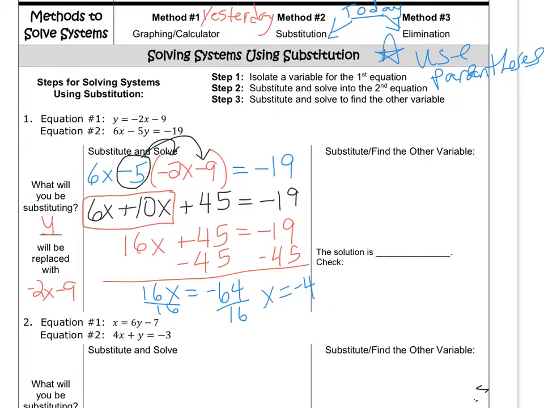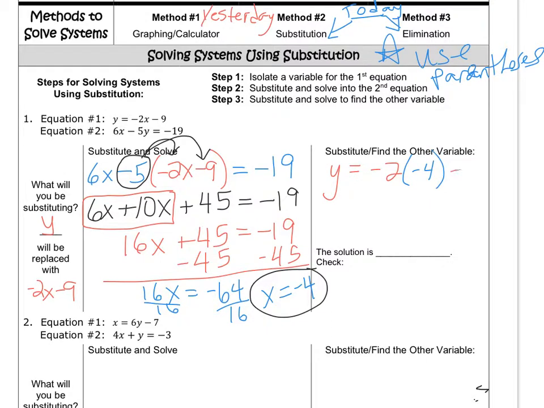Okay, so now I know what x equals. I've got the first part of my ordered pair. So I'm going to go back and substitute my x value into my first equation to find out what y is. We're going to say y equals negative 2x minus 9, but instead of an x, we substitute our negative 4.